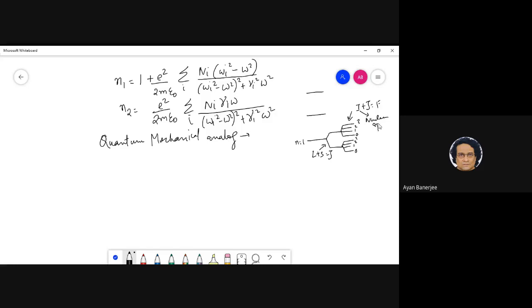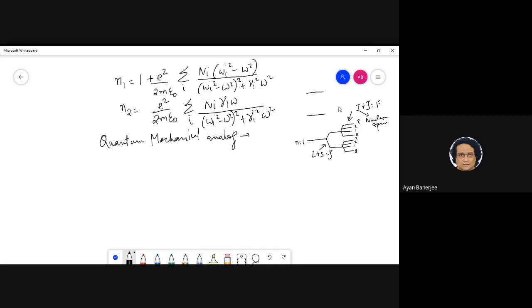If you have a high enough nuclear spin, many levels are possible, going from minus F to plus F. So what I'm trying to say is that we have transitions between these sets of levels, and I have N_i such transitions happening.